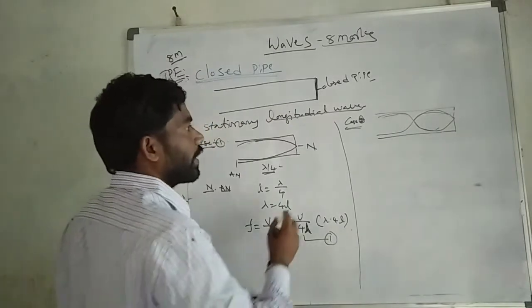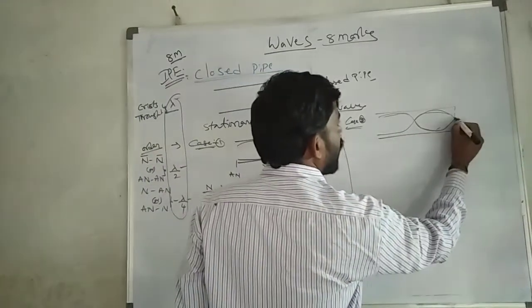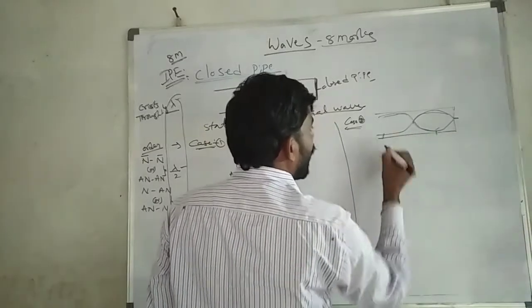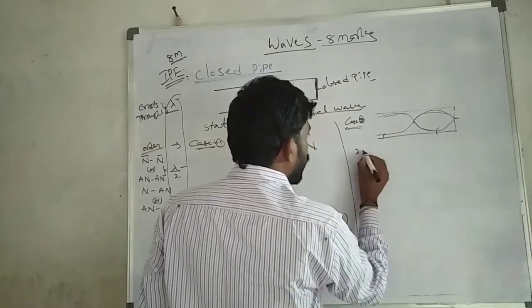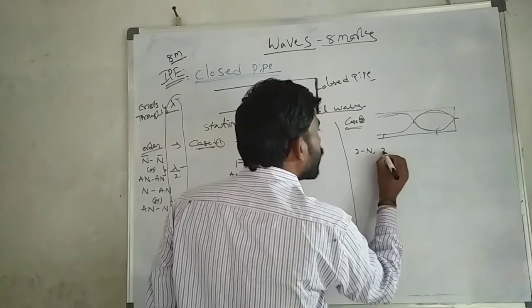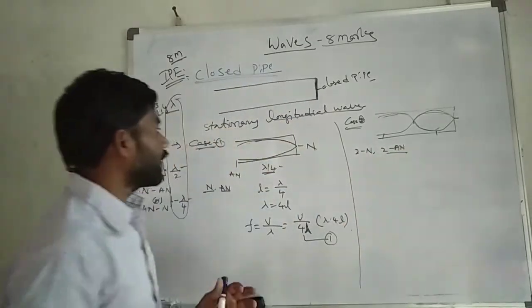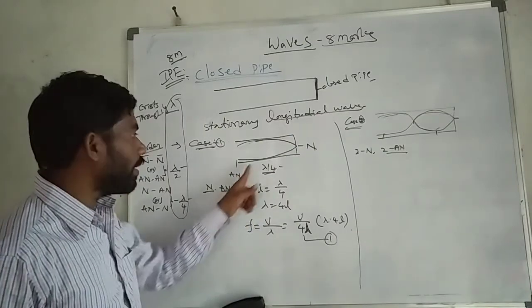This is the node, antinode and antinode. So two antinodes and two nodes. In the first case, there is only one node and one antinode.